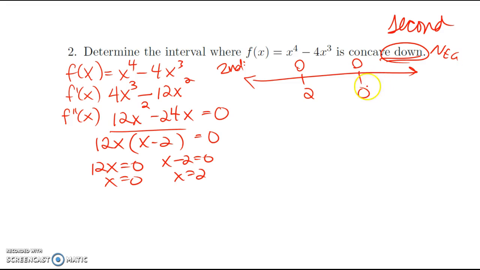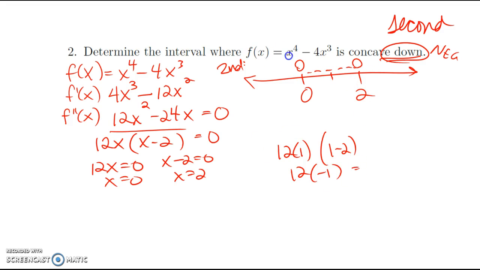So let's see what's, oops, I got 2 on the wrong side there. So let's switch these. This is 0 and 2. So let's see what's happening at 1. Here's my second derivative. So 12 times 1 times 1 minus 2, that's negative 12. Right? So this is negative in here, isn't it? But we're going to check on this other side. We'll check 3. 12 times 3 times 3 minus 2, so that's 36 times 1.